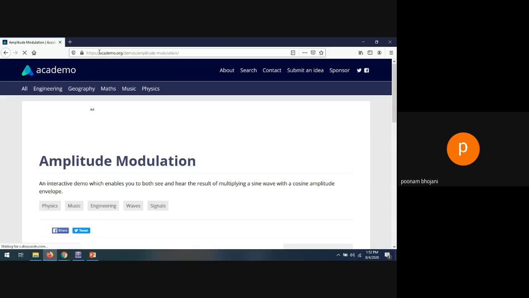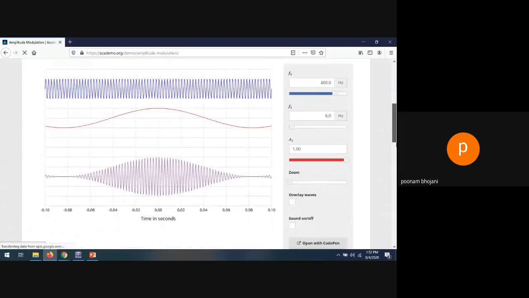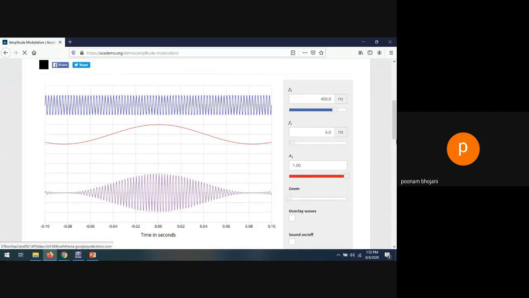I just want to show you how the amplitude modulation animation looks using different message signals. We have already seen the OpenLearn website for ASK, FSK, PSK, right? In the same way, the academo.org website is there, where you can see a demo of amplitude modulation by choosing different message signals.